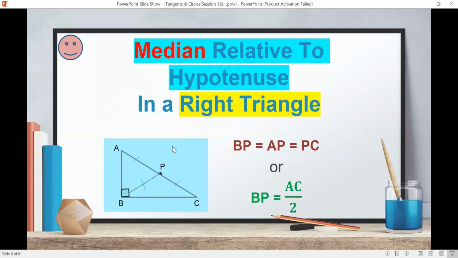And since it is on the hypotenuse, it's the median relative to the hypotenuse. According to the midpoint theorem in a right triangle, the median equals half the hypotenuse. As a result, AP equals PC equals BP. So in a right triangle, the median is half the hypotenuse.